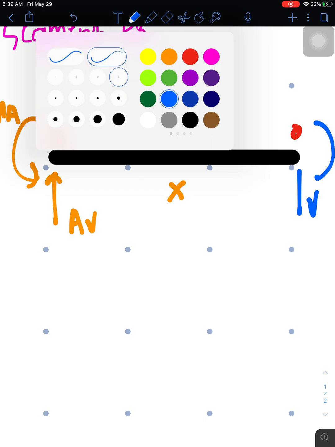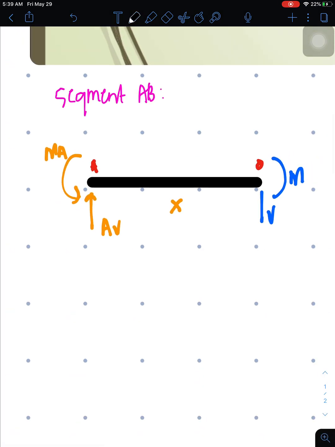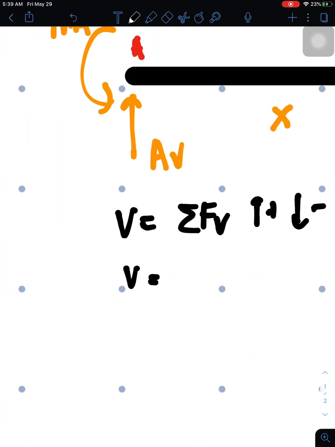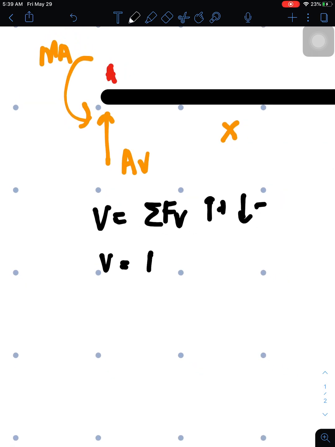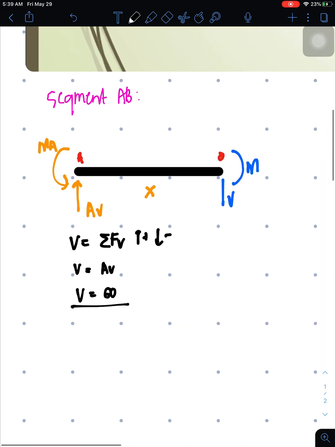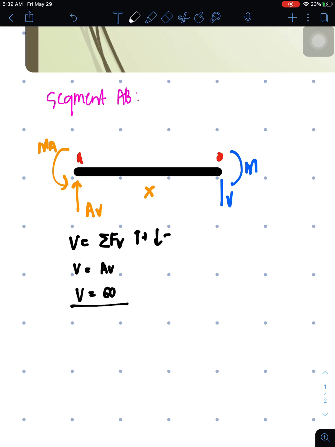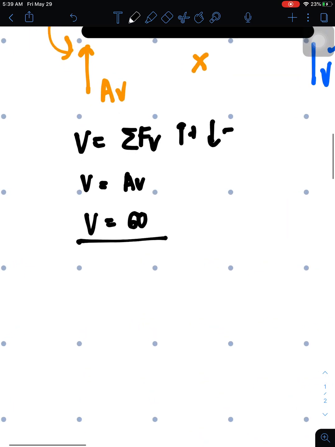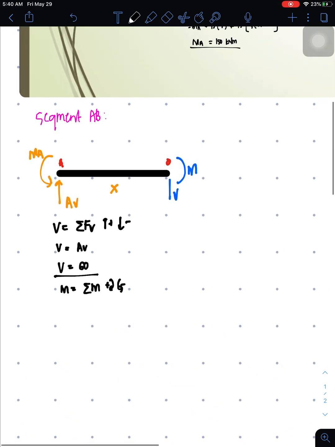With this, we can now use shear, or V, equal to the summation of forces vertical, upward positive, downward negative. So the shear for segment AB is just equal to AV, and that is equal to 60. This is the equation for AB. Next, for moment. Moment is equal to the summation of moment at the point of cutting, clockwise positive, counterclockwise negative.